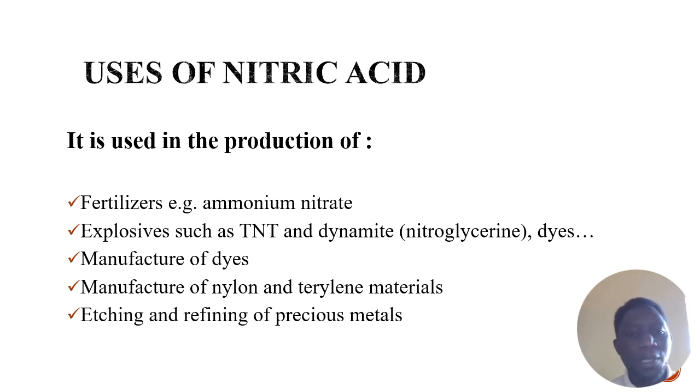We end our topic today by talking about the uses of nitric acid. It is used in the production of fertilizers. We have different fertilizers that contain nitric acid, like ammonium nitrate and ammonium sulfate.